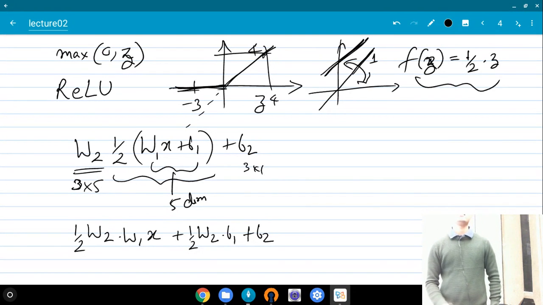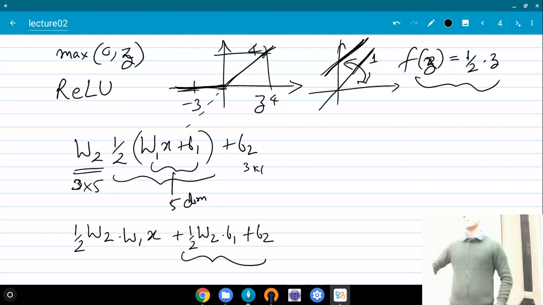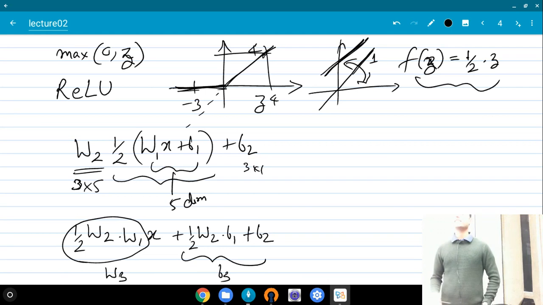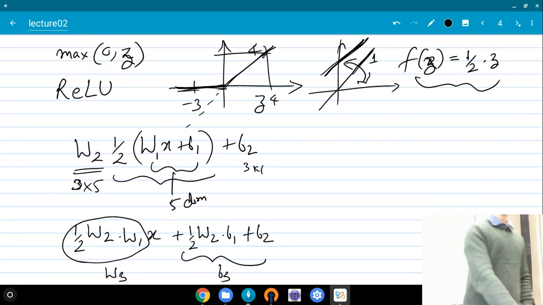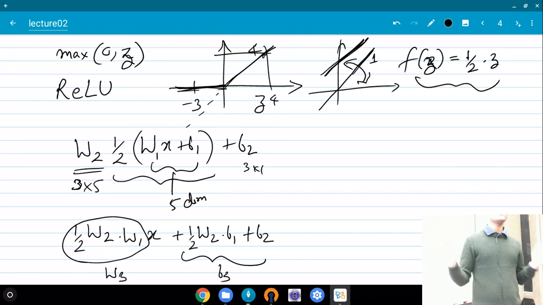So this whole thing I can think of as another bias vector, and this whole thing as another matrix, maybe w3, let's call this b3. So it's just w3 times x plus b3. Instead of 1/2 you could have chosen anything, it's the same. So if you don't put nonlinear functions, you will get the same. It's as good as saying I'm doing logistic regression. That's essentially what it is.